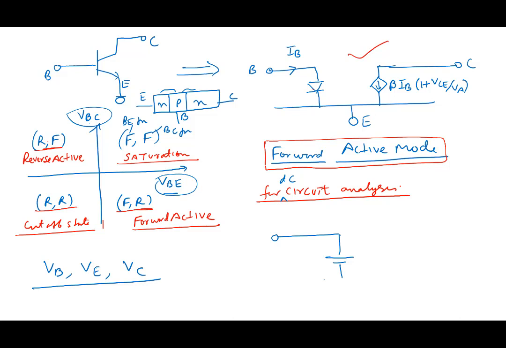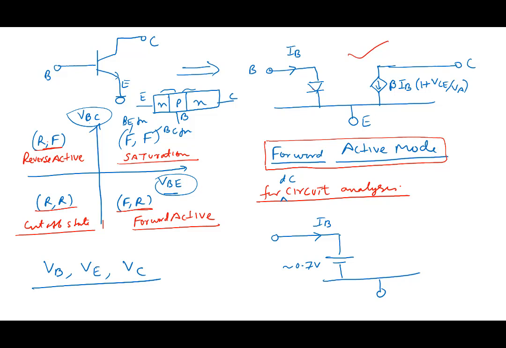Assuming the voltage in series with the diode must be pretty large compared to 0.7, then only can you replace it, otherwise you have a problem. So we replace it by a 0.7 volt source here. The current here is IB.